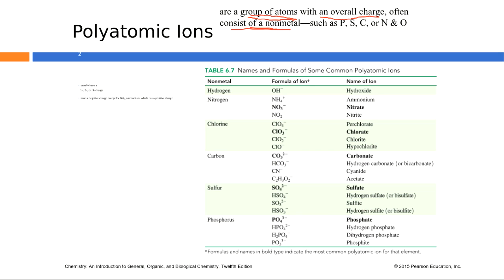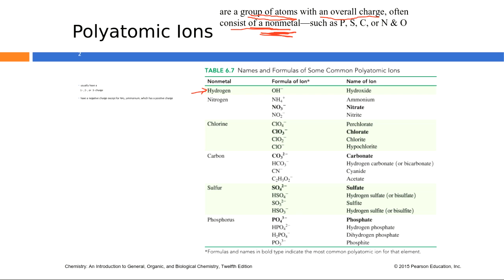We said that polyatomic ions consist of nonmetals, a group of atoms with an overall charge. Let's talk about hydrogen.